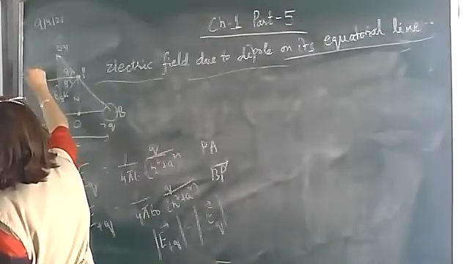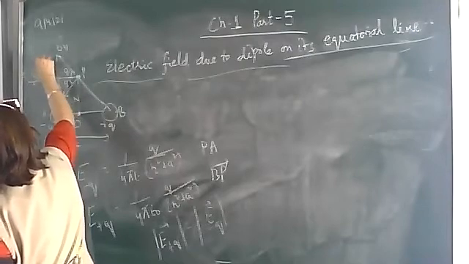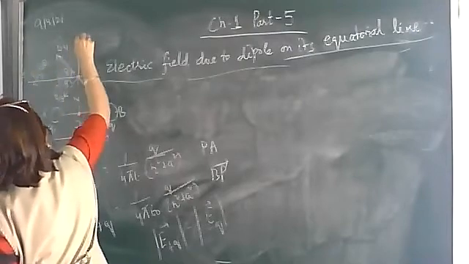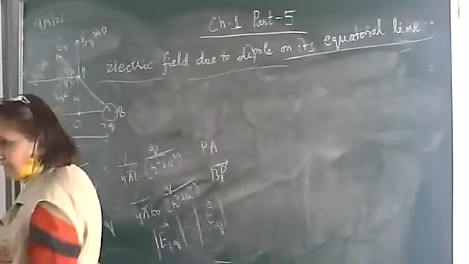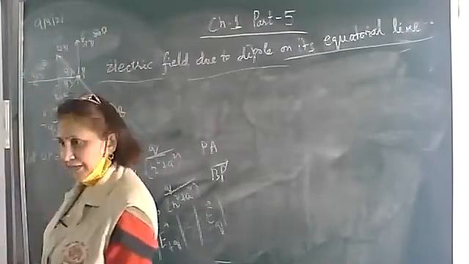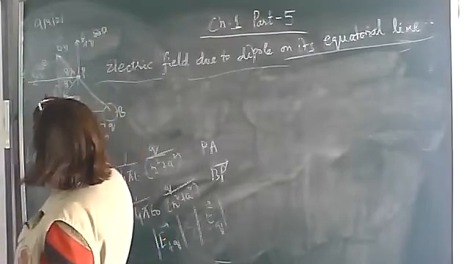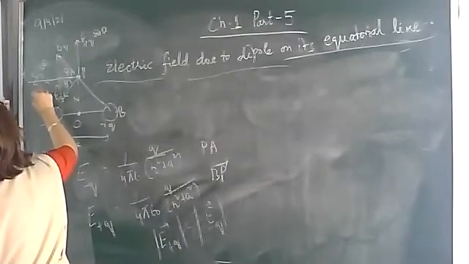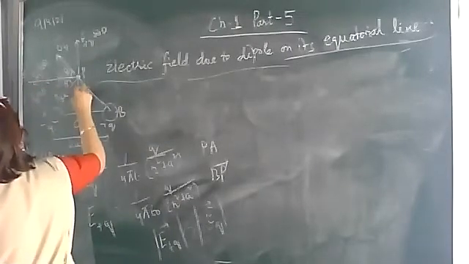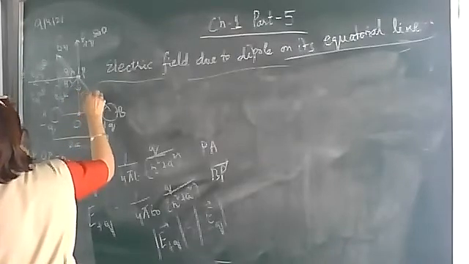This component which is touching theta will be E plus Q cos theta. Perpendicular to it will be E plus Q sin theta. Now the same way resolve E minus Q. What will be the component touching theta? E minus Q cos theta, and this component will be E minus Q sin theta.